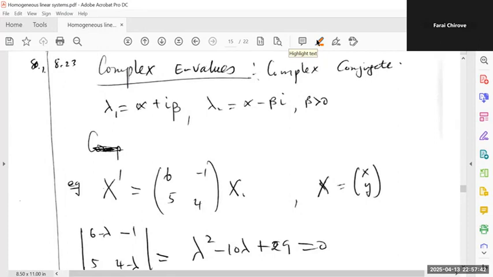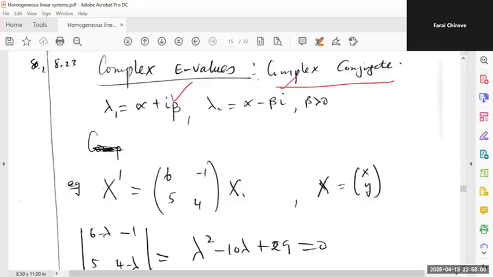So now we deal with the case of complex eigenvalues. And usually they come as complex conjugates. They come in pairs. Okay. So we know how to write the complex conjugates.